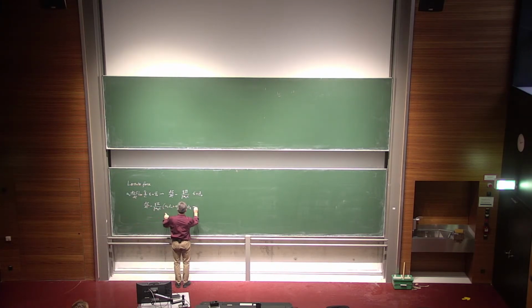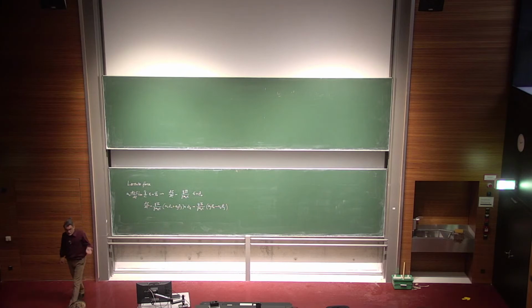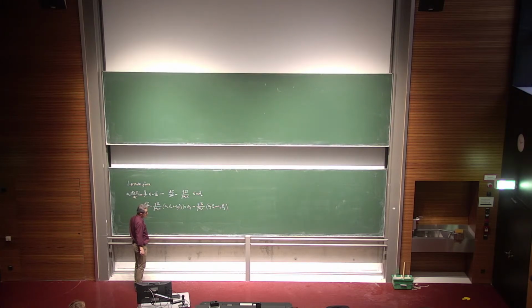So this is qB divided by gamma m_e c, Vy Ex minus Vx Ey. Okay, now I project on Ex and Ey and I get the two equations of motion for the two remaining components.